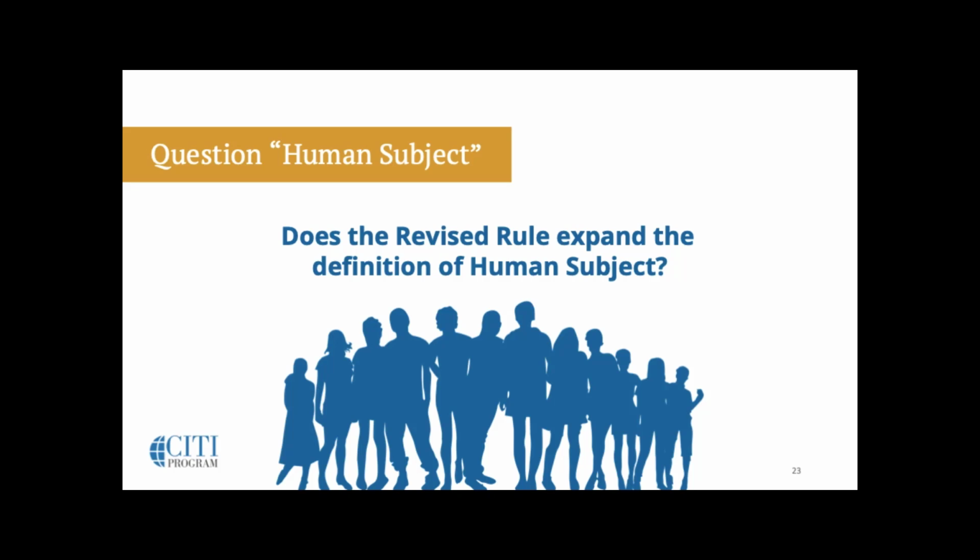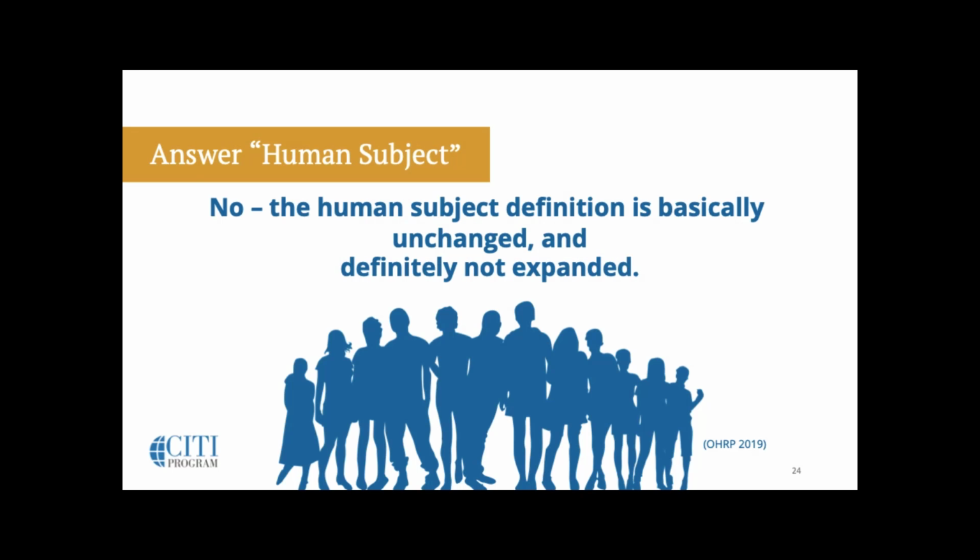So question, does this revised rule expand the definition of human subject? No, this definition is basically unchanged and definitely not expanded. The clarifications to wording make explicit the regulator's current interpretation of the definition included in the pre-2018 Common Rule.